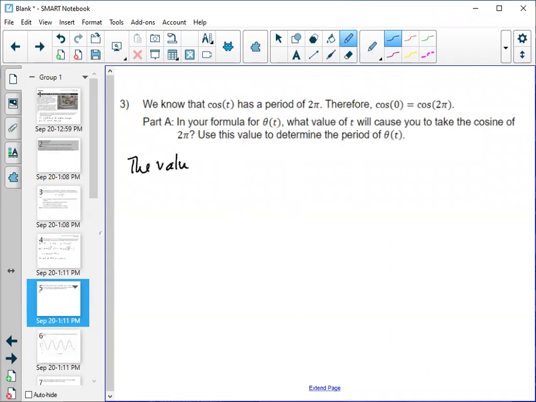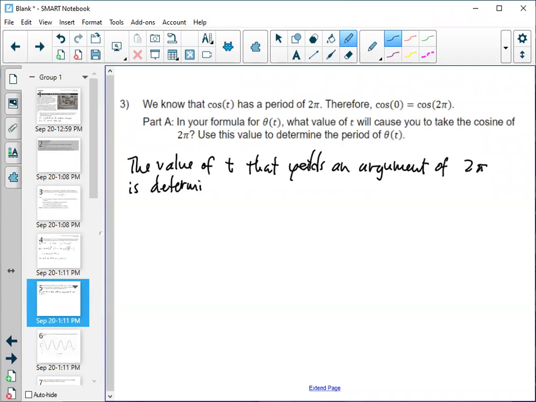The value of t that yields an argument of 2 pi is determined by setting 0.383 t equal to 2 pi.